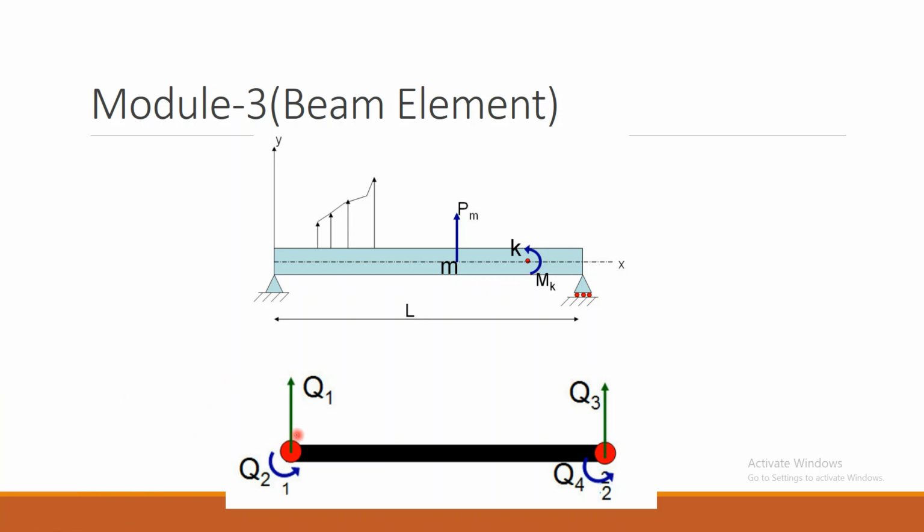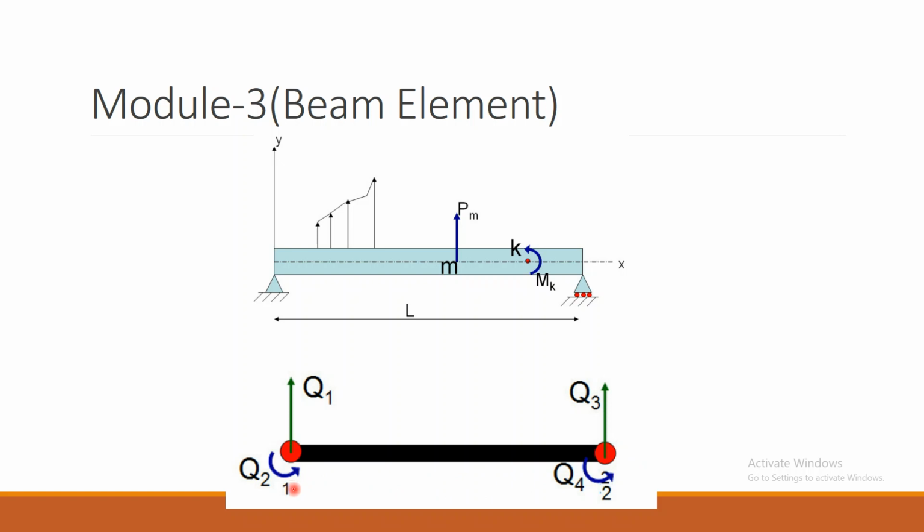If you want to model this in the view of FEM, I can discretize the whole structure into a single element of this type, which is a 1D element once again.